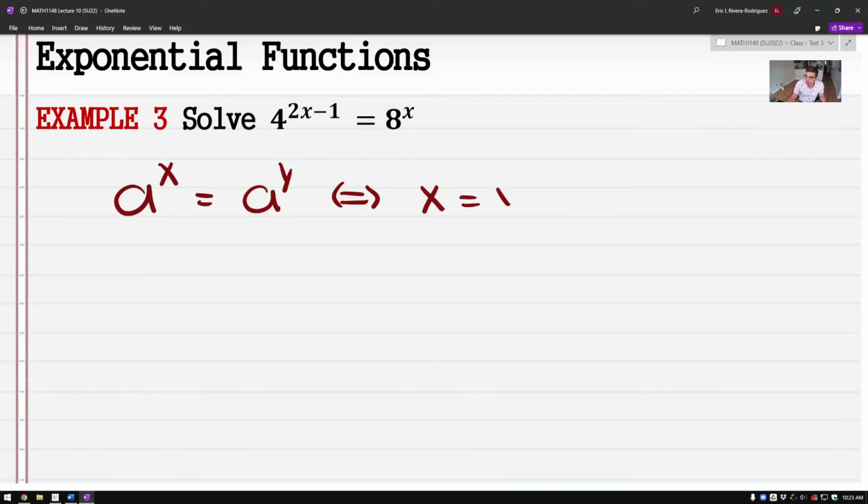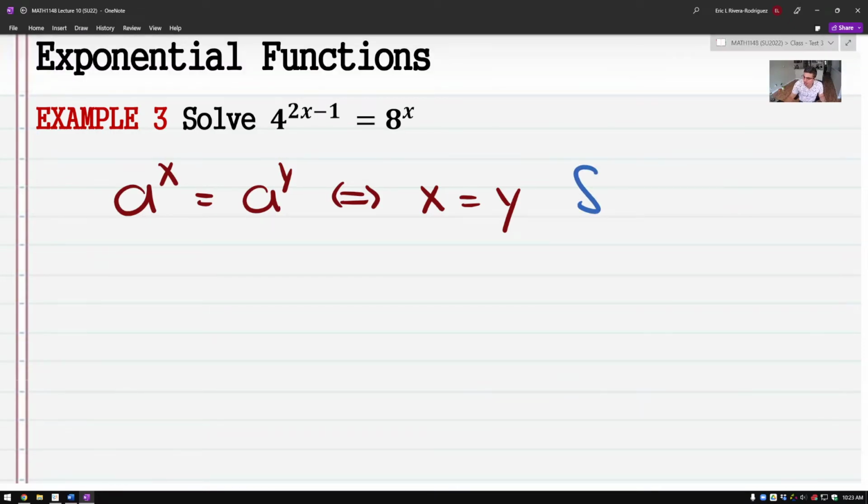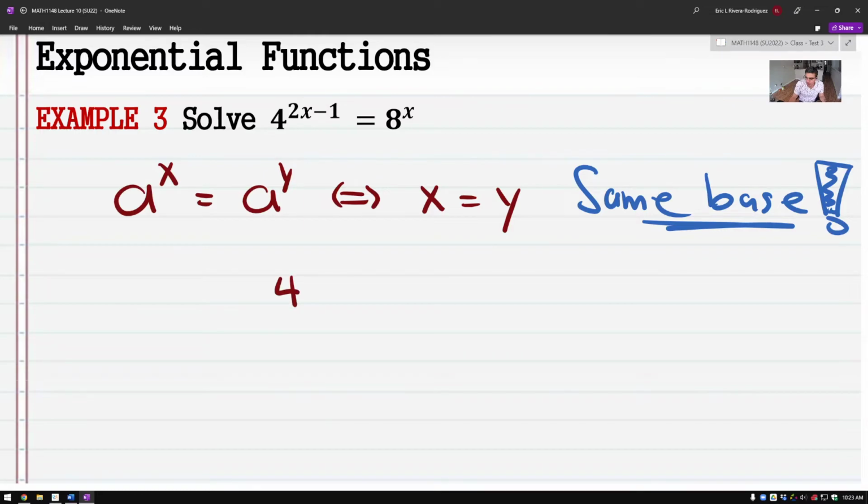What is important from this property is that we need to have the same base. So I'm writing down our exercise.